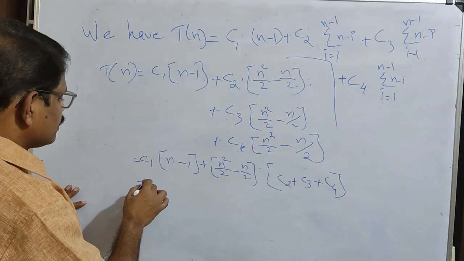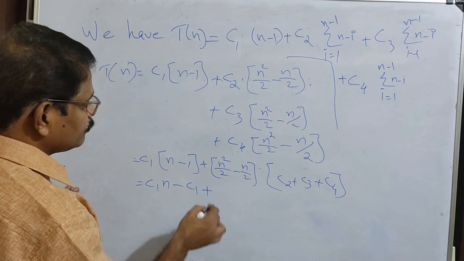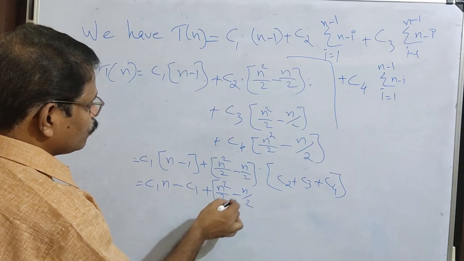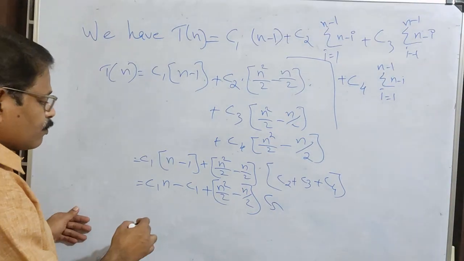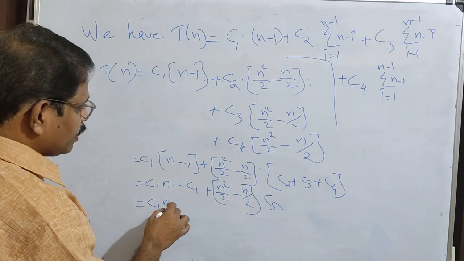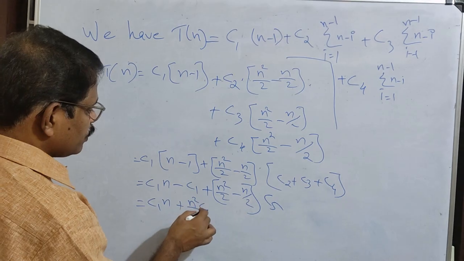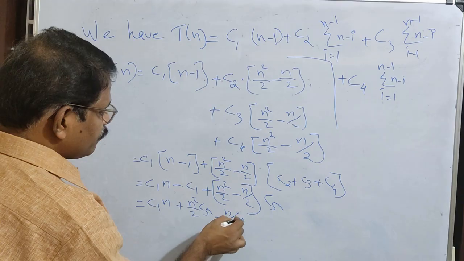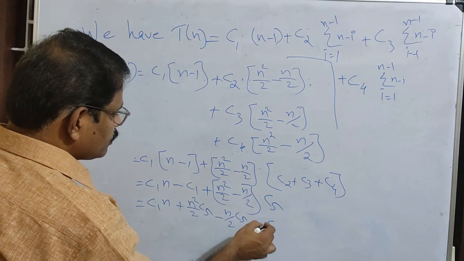Let us write it as C1 n minus C1 plus n square by 2 minus n by 2 into some C5, and this will be equal to C1 n plus n square by 2 C5 minus n by 2 C5 minus C1.